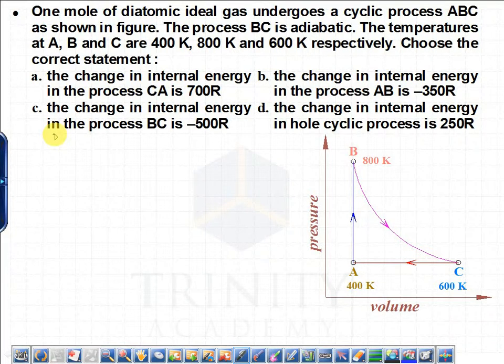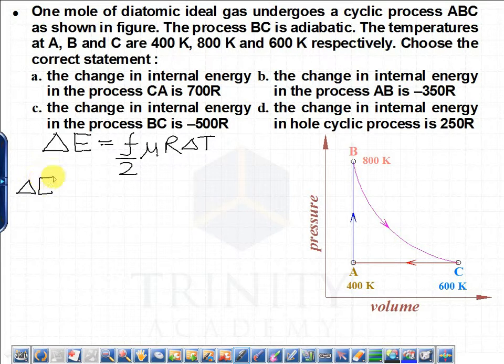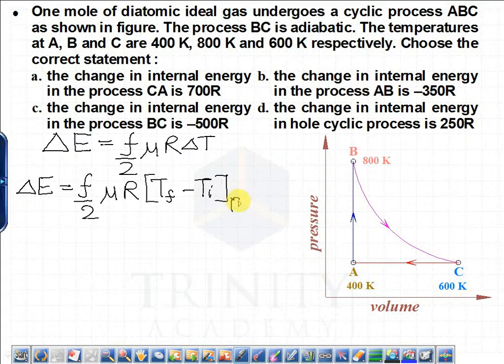According to the expression, we can write, suppose delta E indicates change in internal energy, then it is expressed as F by 2 mu R delta T. So this can also be written as delta E is equal to F by 2 mu R, T final minus T initial of that process.